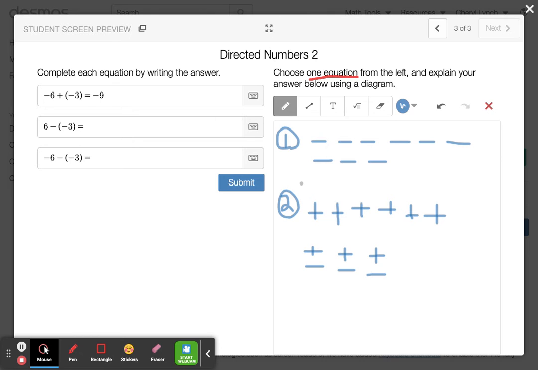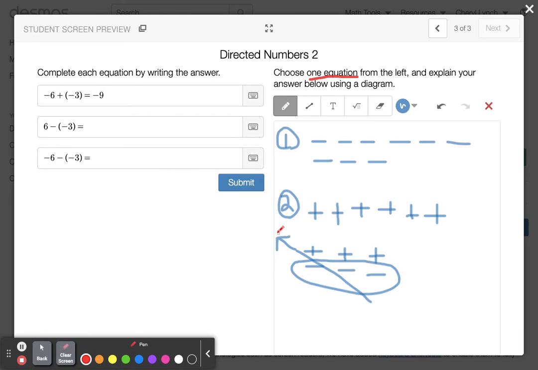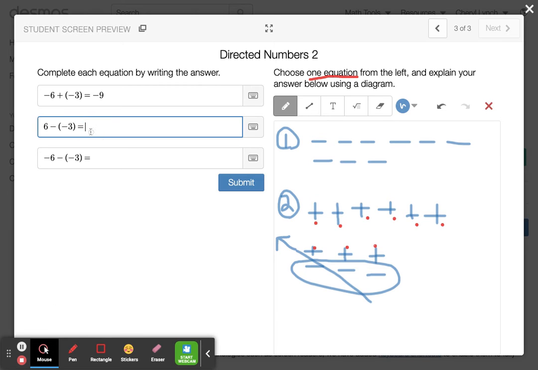And then taking away those 3 negatives, I'm going to circle my 3 negatives and say, take those away. Subtract them, delete them. So my final answer, 1, 2, 3, 4, 5, 6, 7, 8, 9 positives and no 0 pairs. So I'm going to say positive 6 minus negative 3 is positive 9.